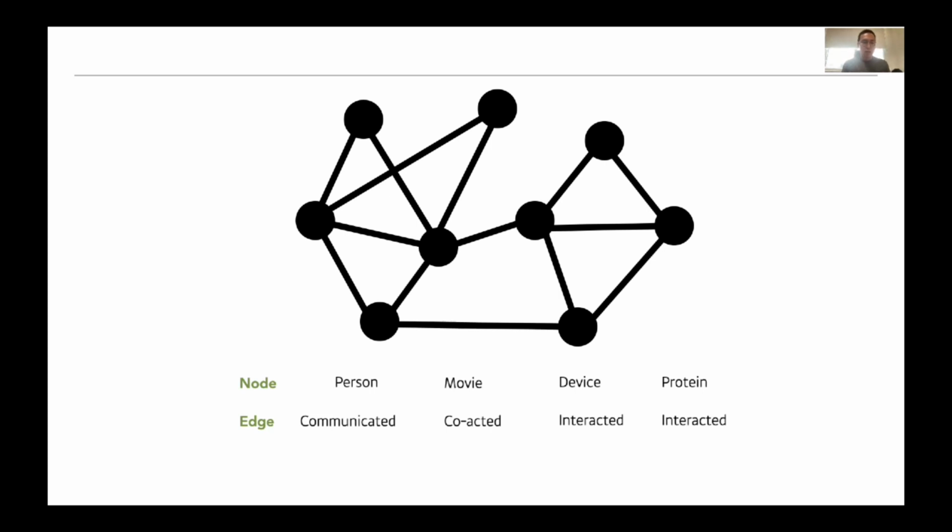In the case of movies, we can make an edge between movies by considering whether some actors co-acted in the two movies. In the case of devices, we see whether the devices interacted or not; for proteins, whether they are similar. By looking at this, we can solve the same problem, right?